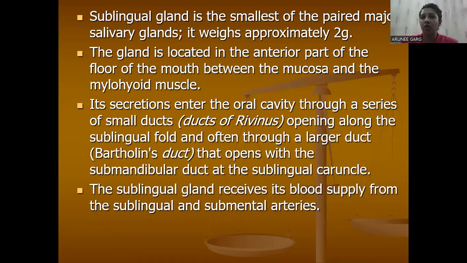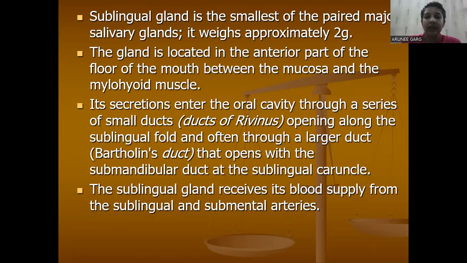The sublingual gland is the smallest of the paired major salivary glands, and it weighs approximately 2 grams. The gland is located in the anterior part of the floor of the mouth between the mucosa and the mylohyoid muscle. Its secretions enter the oral cavity through a series of small ducts called the ducts of Rivinus, which open along the sublingual fold, and often through a larger duct called Bartholin's duct, which opens with the submandibular duct at the sublingual caruncle.